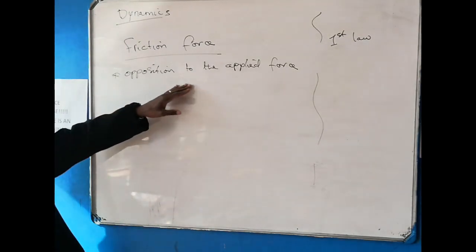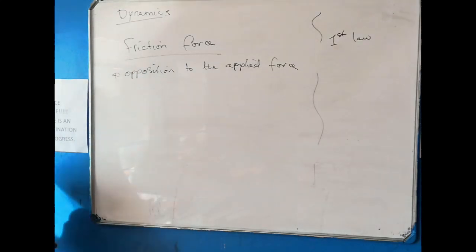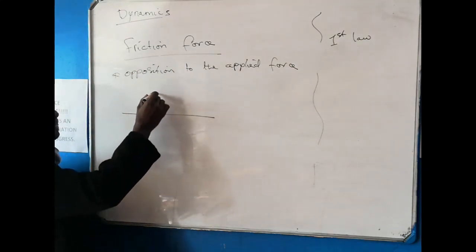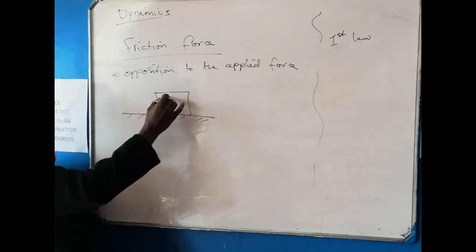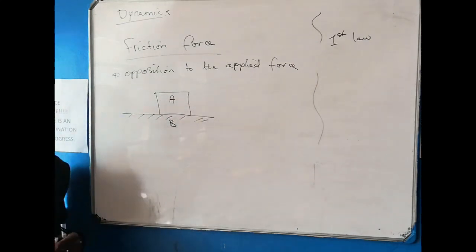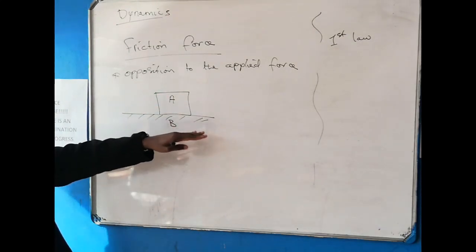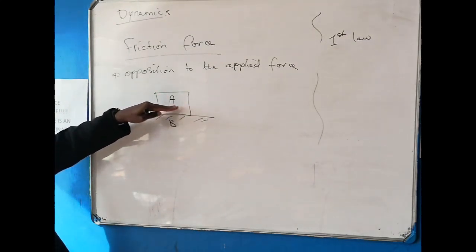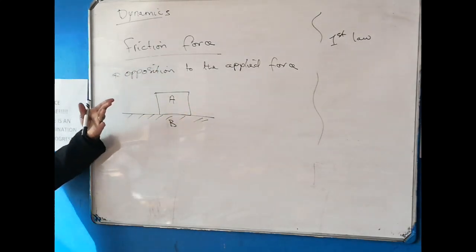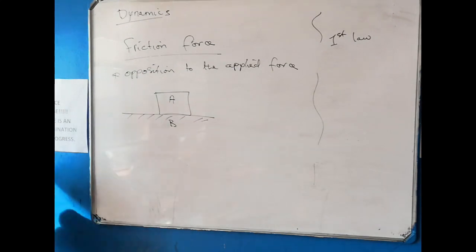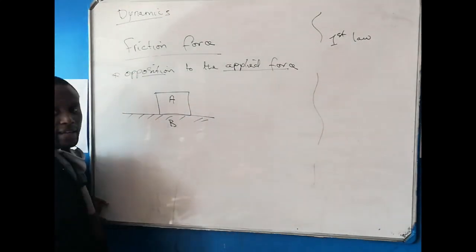It is always in opposition. It is a force, and this force comes about because we have an object trying to move on another object. There is object A, there is object B, right? This object is moving on this surface. There is contact between that object and that object, therefore friction force is taking place. It is a force, you cannot see it, but it is always against.